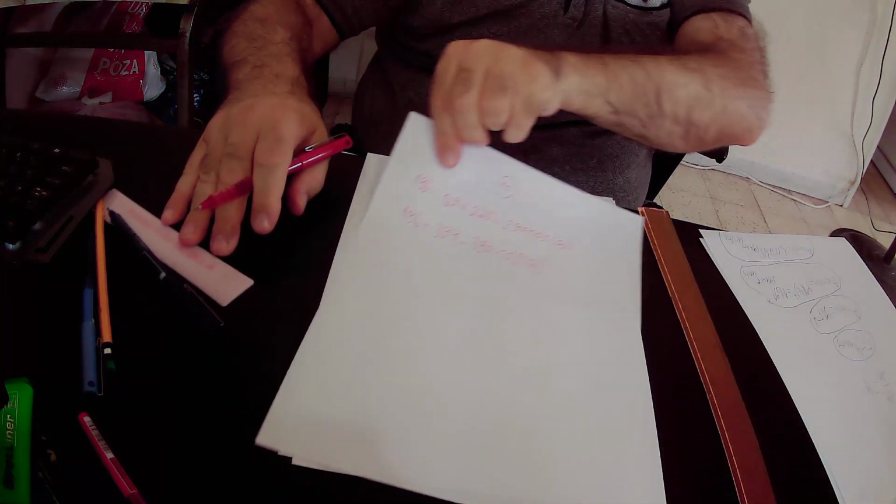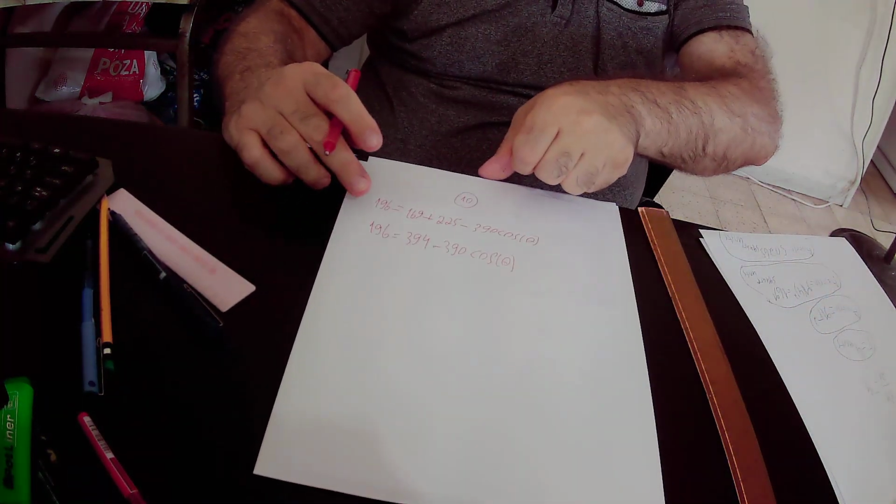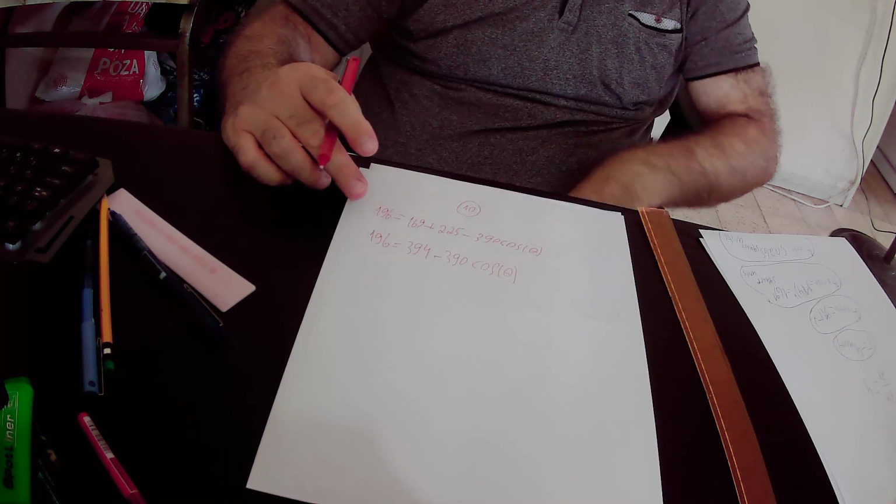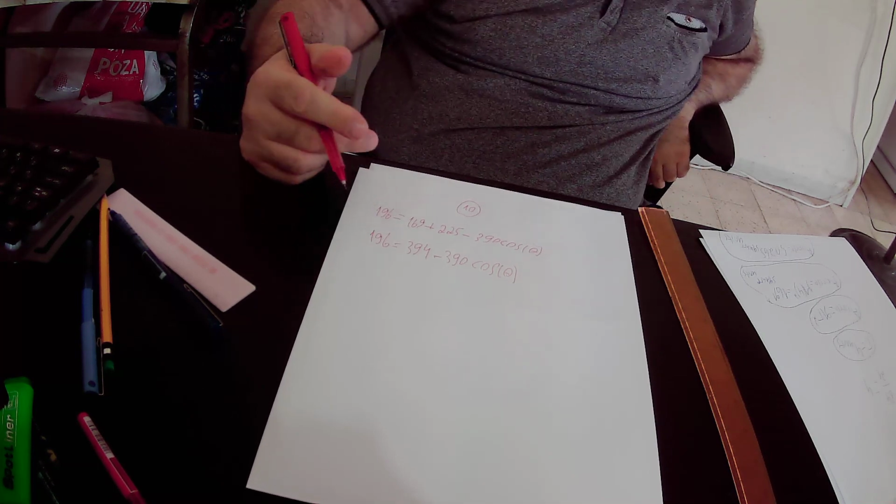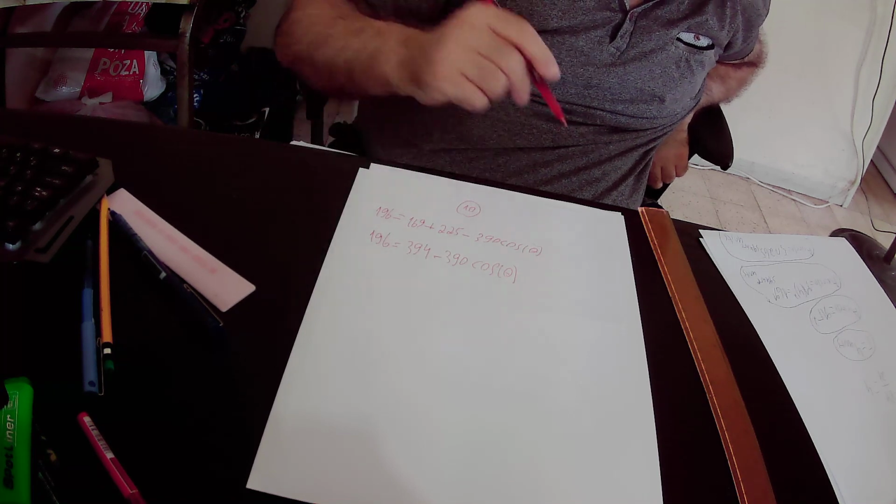So in total we got 196 equals 394 minus 390 cosinus theta.